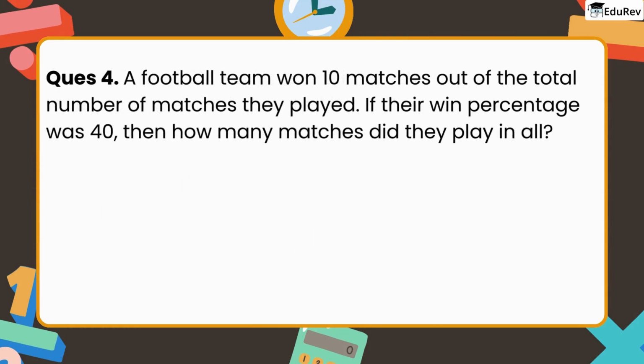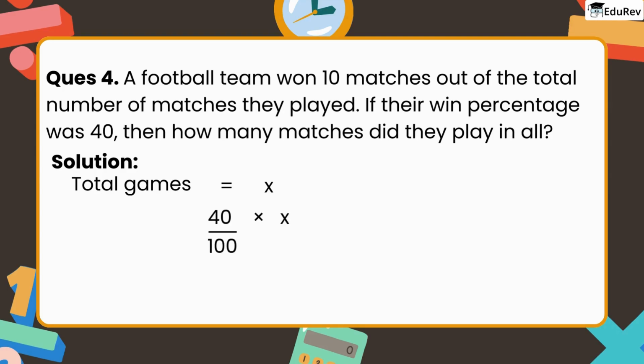The fourth question is, a football team won 10 matches out of the total number of matches they played. If their win percentage was 40, then how many matches did they play in all? If we take the total games played by the team to be x, this implies 40% of x should be equal to 10. We know 40% can be written as 40 upon 100.